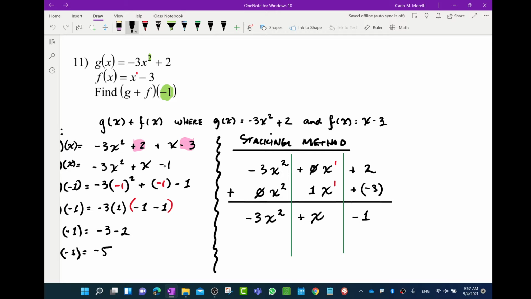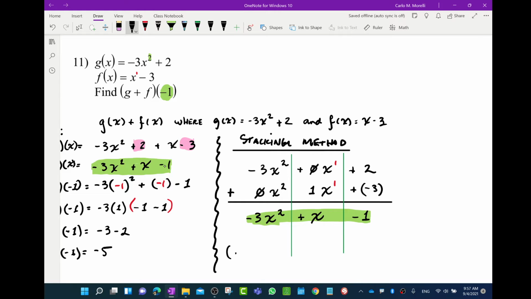And so you see we've arrived at the same sum as we did here. And then you would just evaluate that at negative 1.